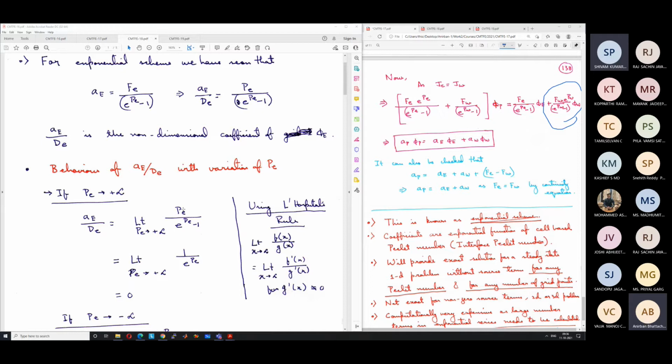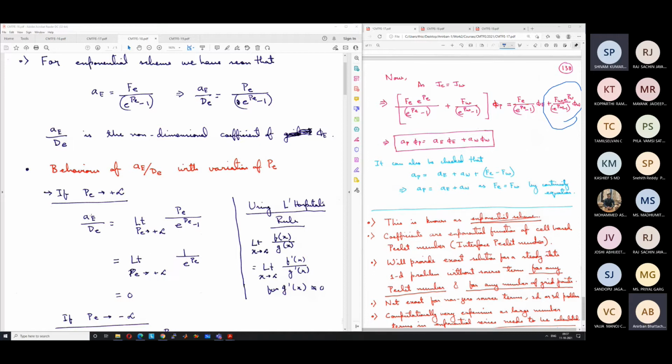In this case, the numerator and denominator are functions of P, and P tends to infinity. So we can take the derivative of the numerator and that of the denominator with respect to P. The numerator derivative, dP by dP, is 1, and the derivative of the denominator is e to the power P. So this limit can be written as the limit as P tends to positive infinity of 1 by e to the power P. At P tends to infinity, the denominator tends to infinity, so the overall term tends to 0.